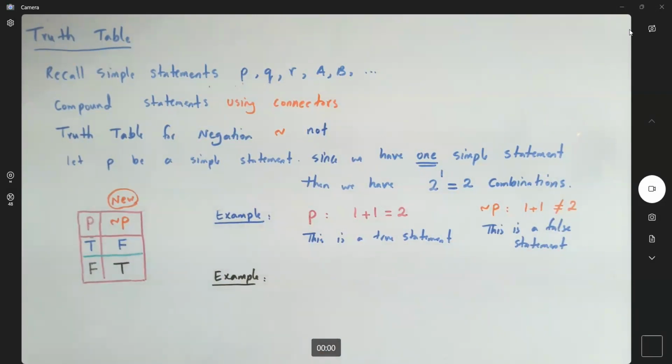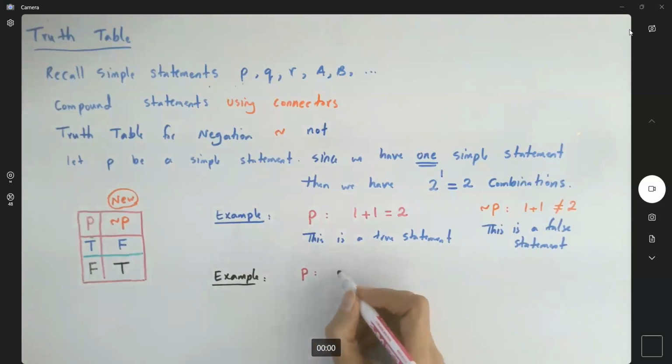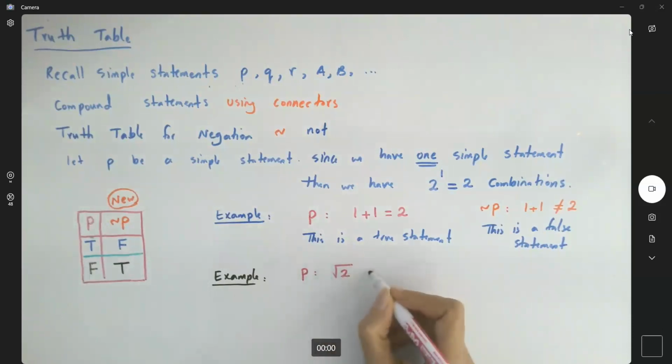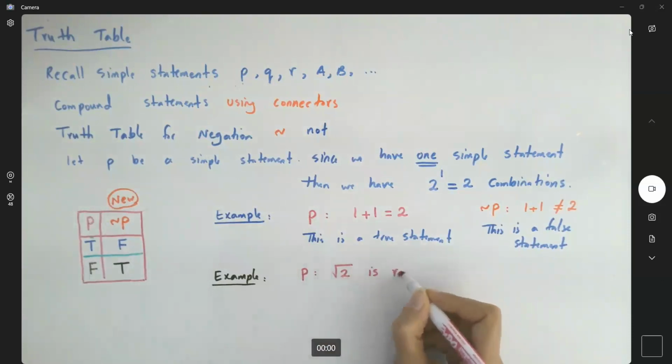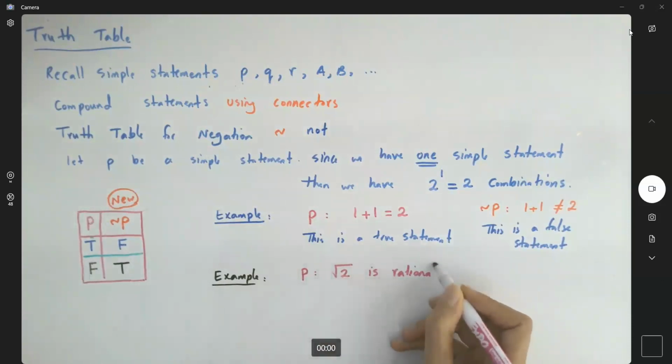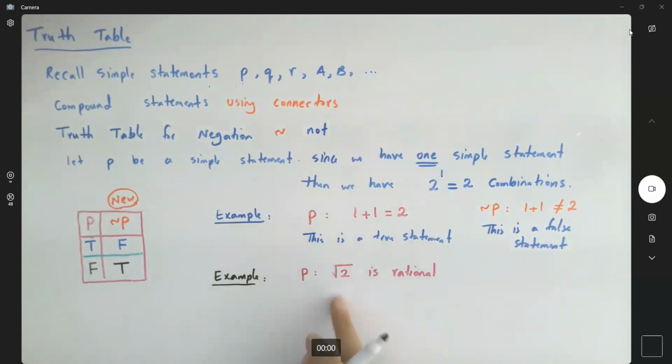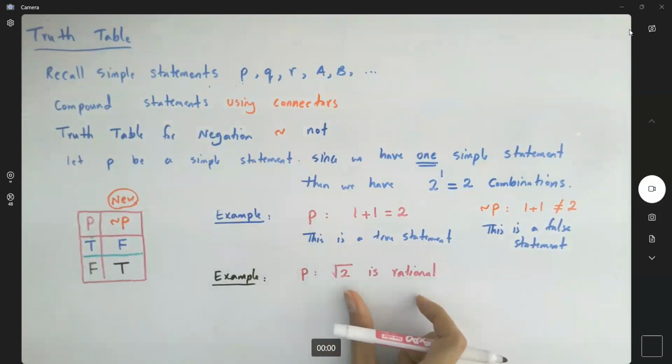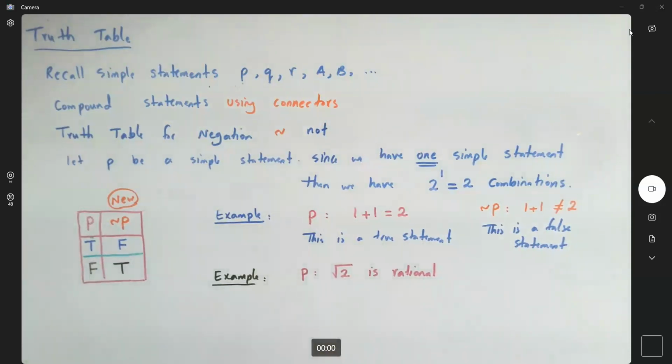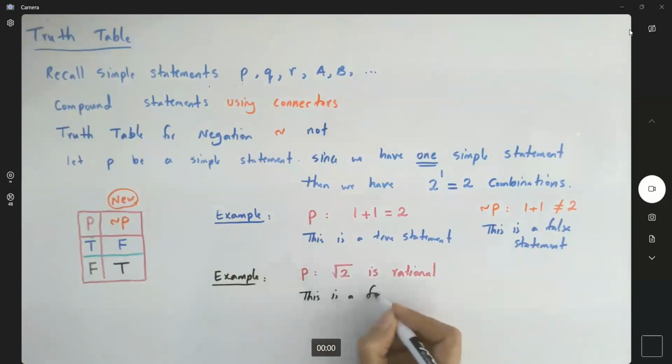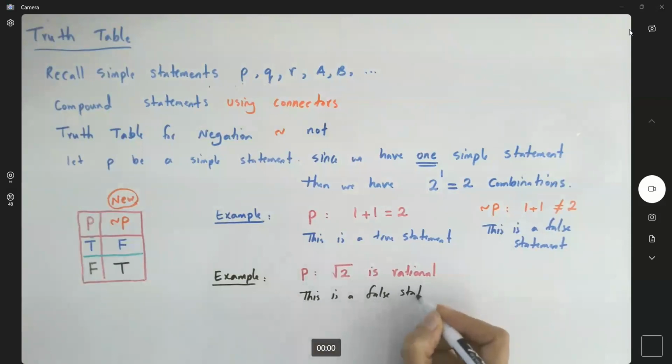In this example, we have statement P, which is defined as: square root of 2 is rational. Well, we all know that square root of 2 is irrational. So this is a false statement.